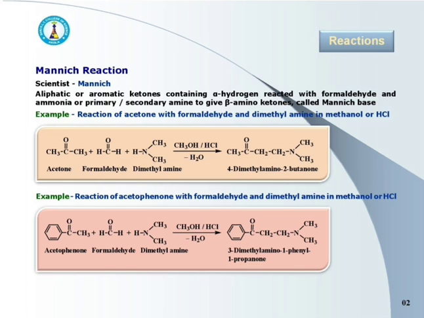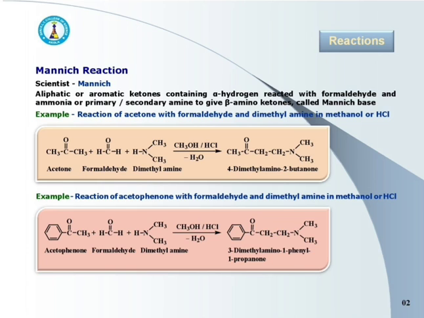This reaction is known as Mannich reaction, where the product is beta amino ketones. And this product, that is beta amino ketone, is commonly called as Mannich base.